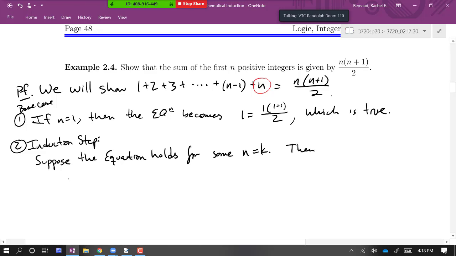Then this equation looks like 1 plus 2 plus 3 plus ... plus k equals k times k plus 1 over 2. I'm going to put a little box around this.